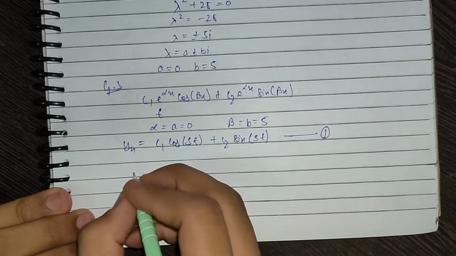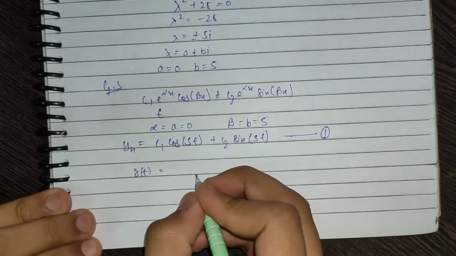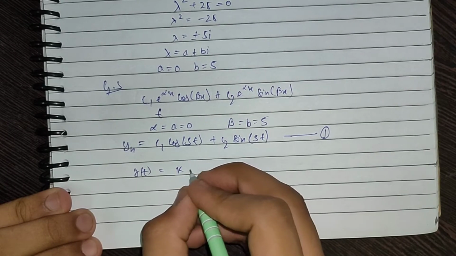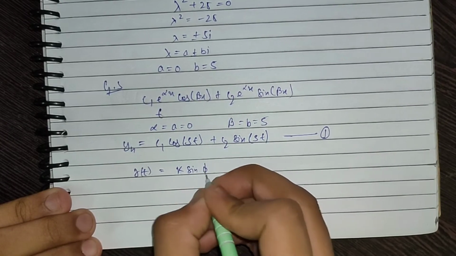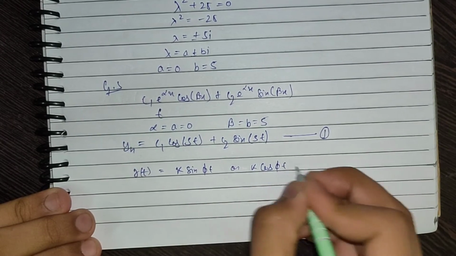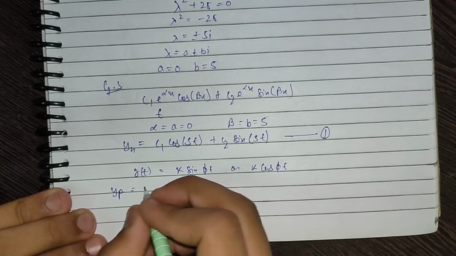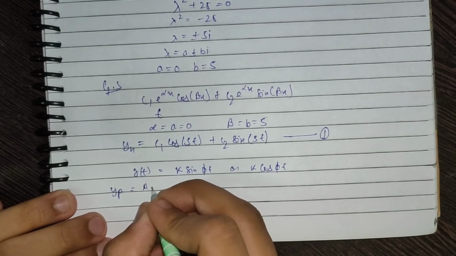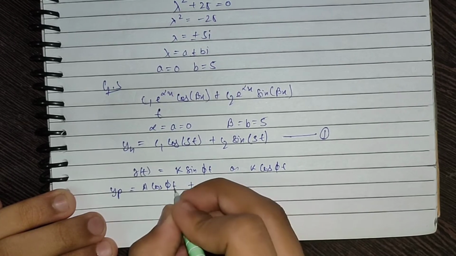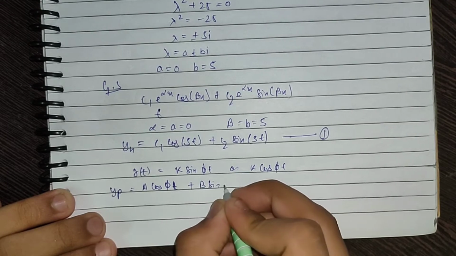Now let's move on to yp. Whenever r(t) is in the form of k sin phi t or k cos phi t, then our yp will be a cos phi t plus b sin phi t.